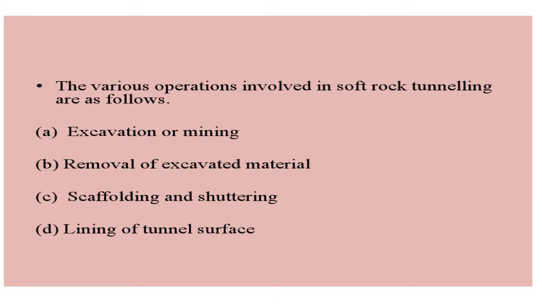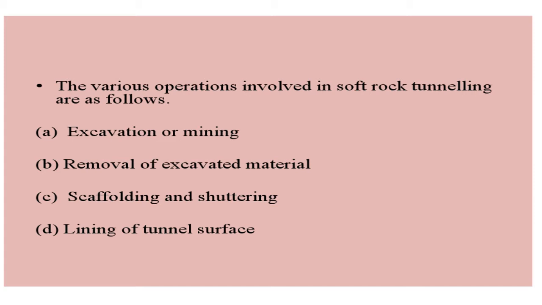So we know that whenever you are going for tunneling, the first procedure, the first method, will be excavation. You have to cut the soil. And after cutting the soil, you have to muck the soil, that is, you have to remove the excavated material. Since it is soft ground, you have to provide timbering works if required.